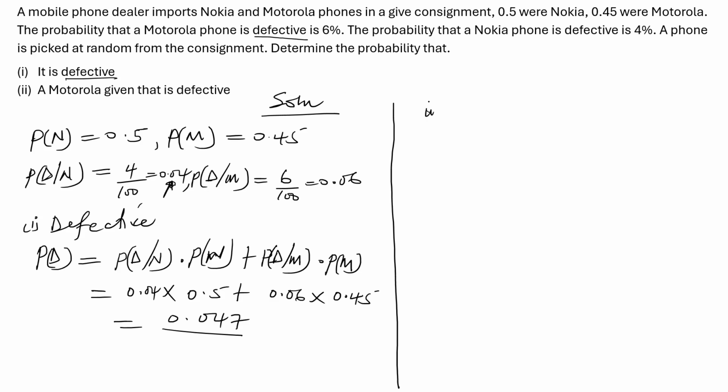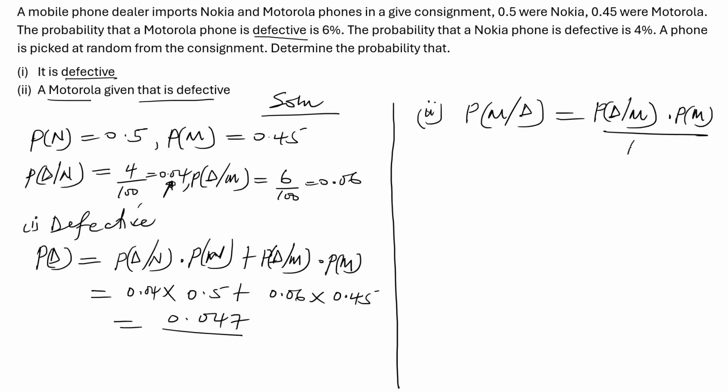So Roman 2, we are looking at a Motorola given defective. So probability of Motorola given defective. So here we are calling in Bayes' theorem, that will be defective given Motorola times Motorola divided by the probability of defective. The defective value is just down here.